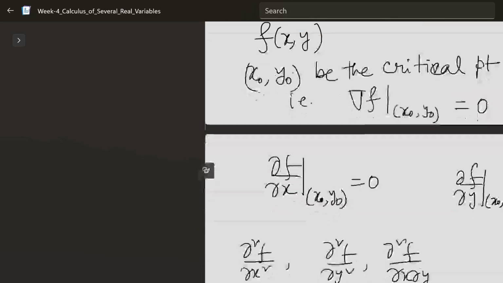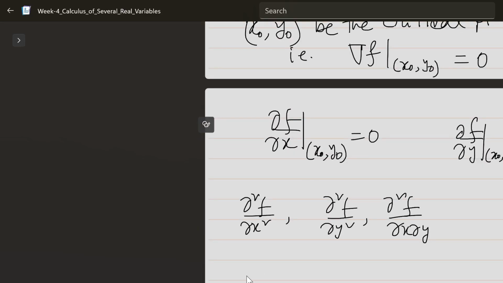So I will write one quadratic expression, where this is called A, this is B, and this is C. I will write a x squared plus 2b x y plus c y squared. It is a quadratic expression, okay?